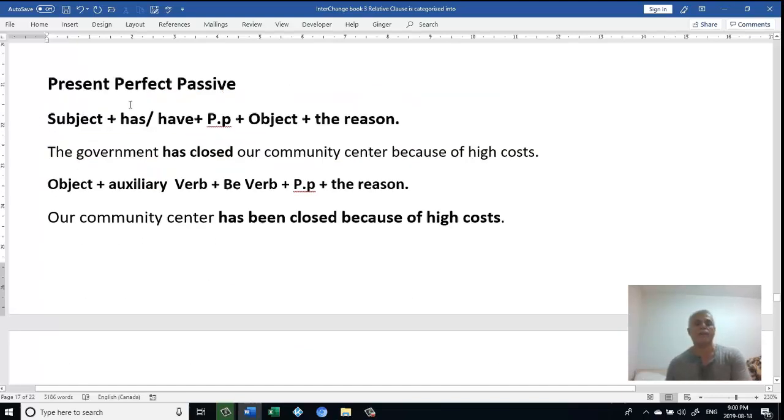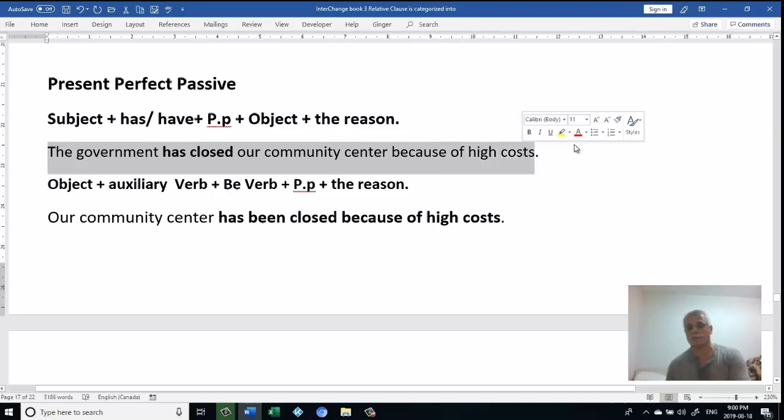We have present perfect passive: subject plus has or have, past participle, object, then we have plus the reason. For example, the government, which is the subject, has closed. This is present perfect. Our community center, that's the object, then we have the reason, because of high costs.